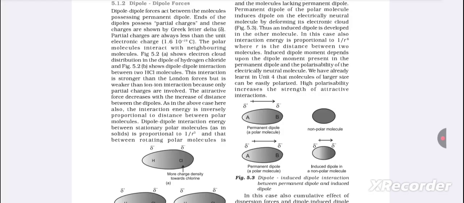The attractive force decreases with increase of the distance between the dipoles. As in the above case, here also the interaction energy is inversely proportional to the distance between polar molecules.